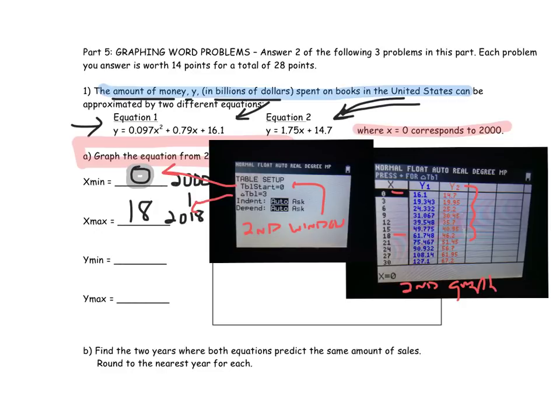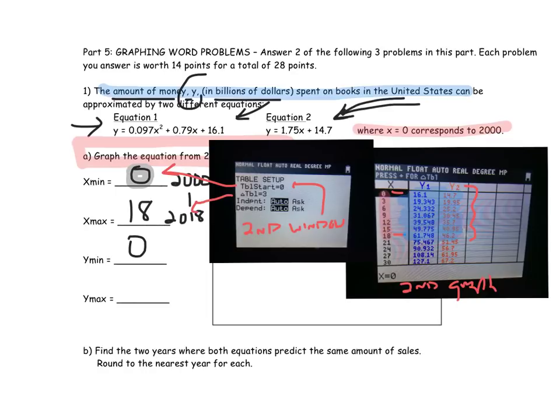I need to choose a y range to make sure that all these values for the two y's, when x ranges from 0 to 18, fit on my screen. So I'm going to set my y min to be 0, because the amount of money spent on books you wouldn't think could be negative.